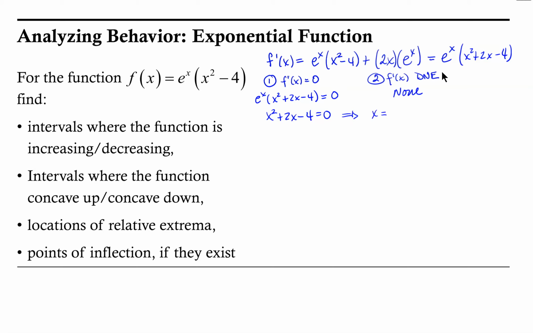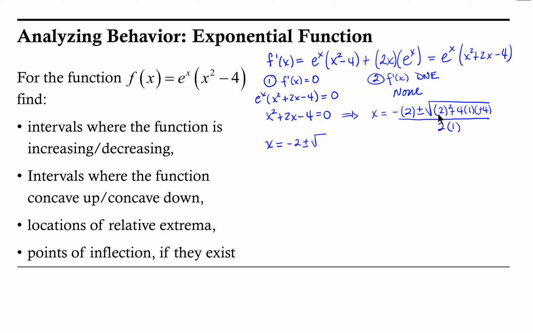So x will equal the opposite of b, plus or minus the square root of b squared, or 2 squared, minus 4 times a, which is 1, and c, which is negative 4, all divided by 2 times a, which is 1. Simplifying that a little bit, x equals negative 2 plus or minus the square root of, now under our radical, we have 2 squared, which is 4, and then this second piece is equivalent to adding 16.